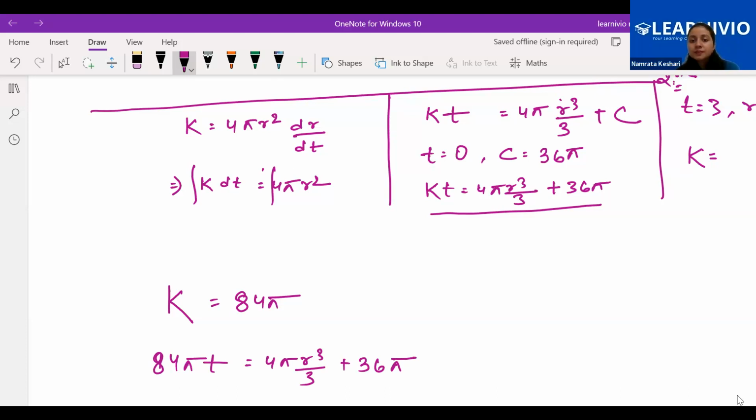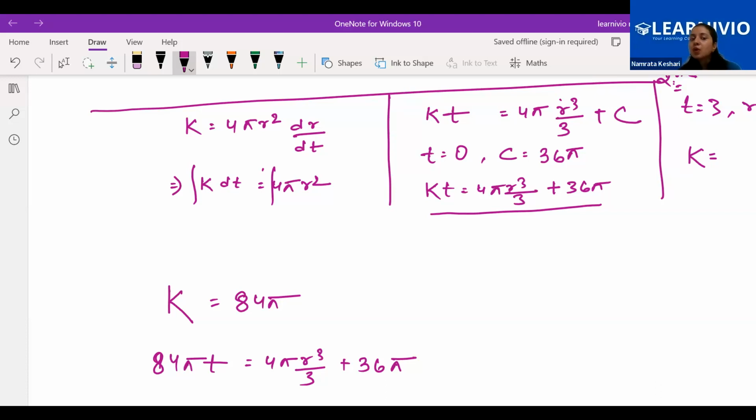Find the radius of the balloon after t seconds. So this gives us the radius after t seconds. Okay, so this is how we will solve it.